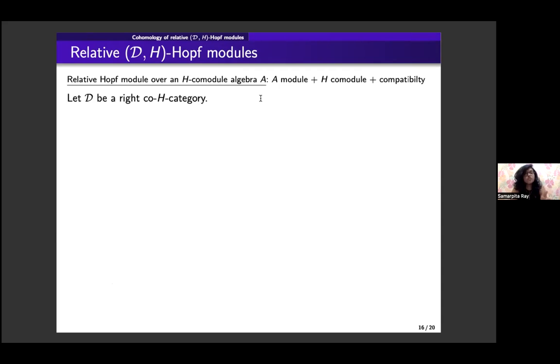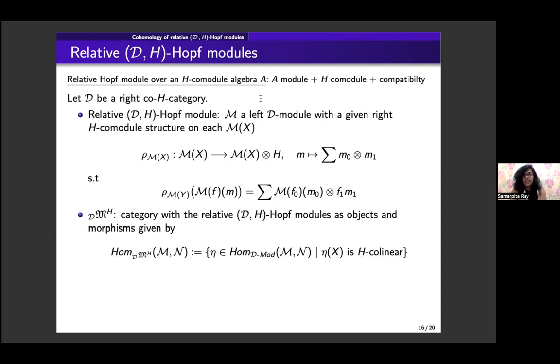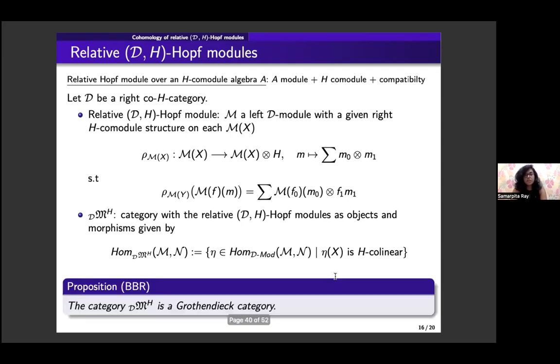So we introduced the notion of categorified relative modules: if you have a D module, then on the level of each object X, Mx should be endowed with a coaction of H in a suitable way. The morphisms will be the morphisms in the original category which satisfy the H colinearity property. Such a category will be denoted by D mu H. First, we prove that it's a Grothendieck category, so that we know there are enough injectives.